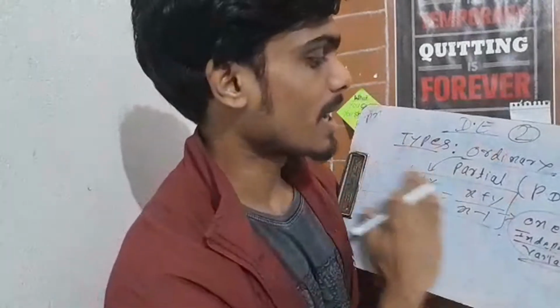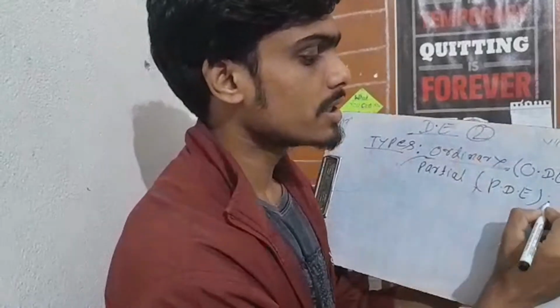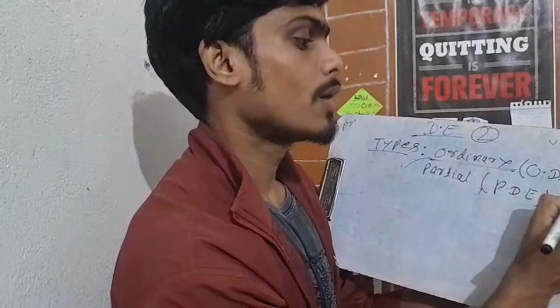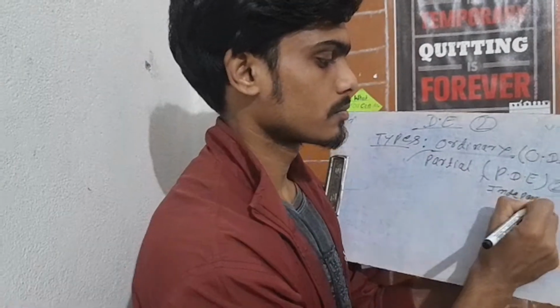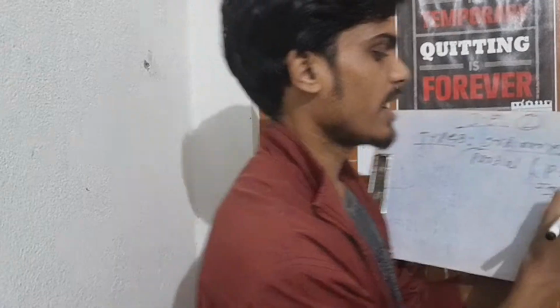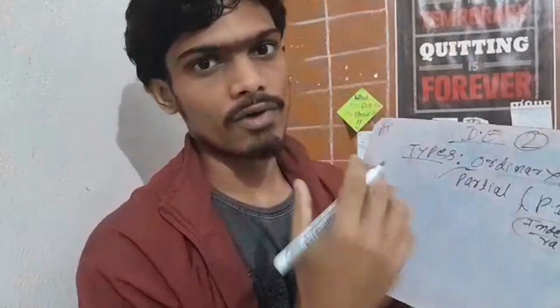If we talk about the partial differential equation, it contains two independent variables. How does it look? We write this in the format of del.